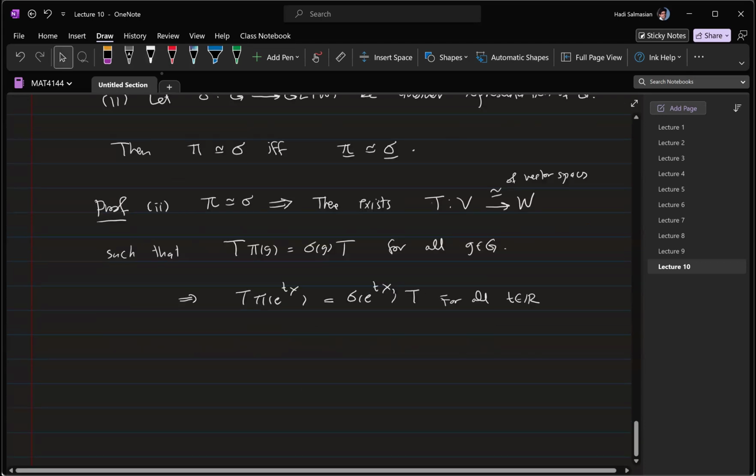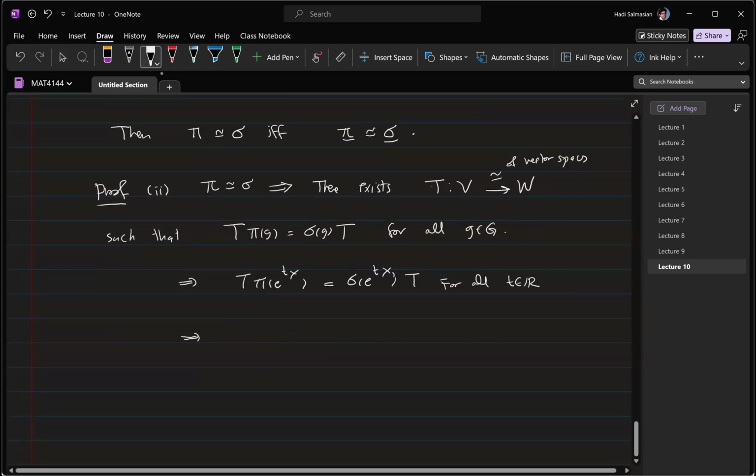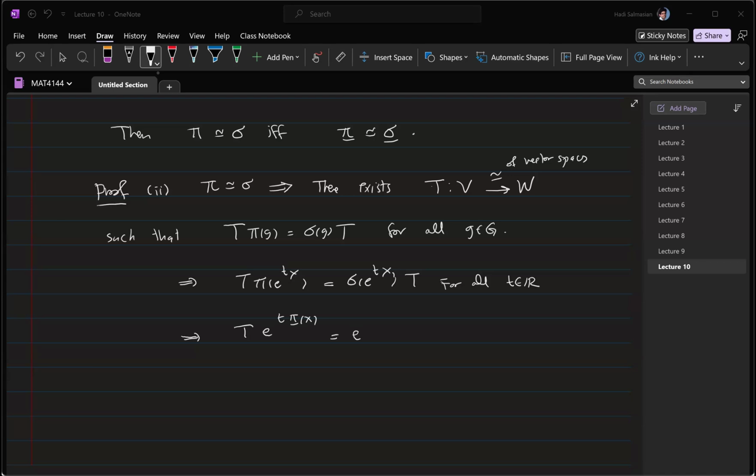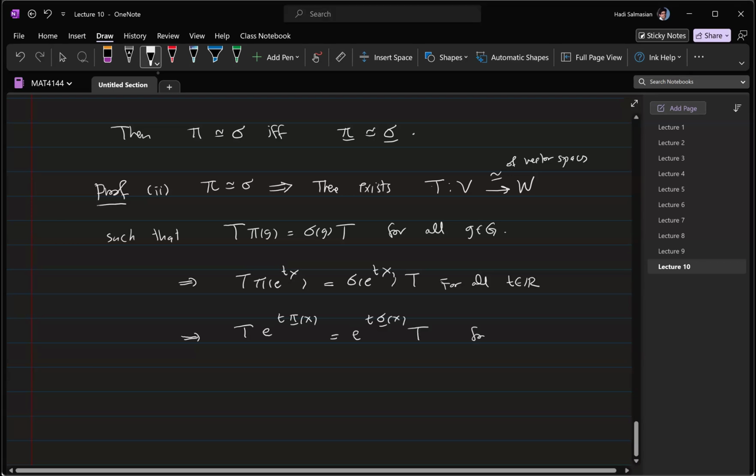And so now, by the definition of π underline and σ underline, this is T e^(t π underline X) equals e^(t σ underline X) T for all t.